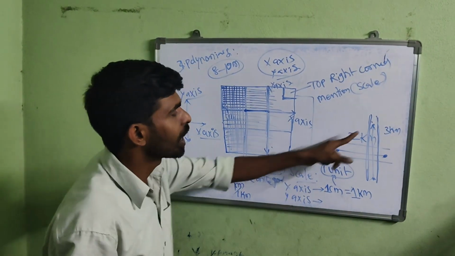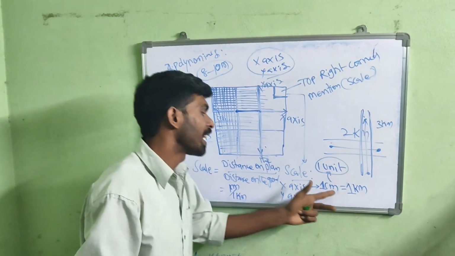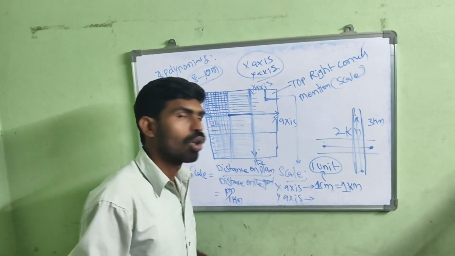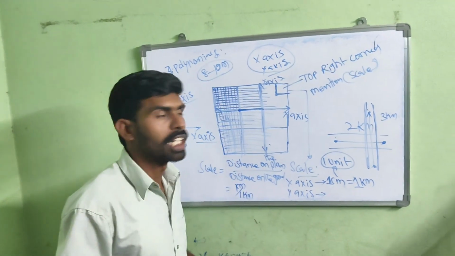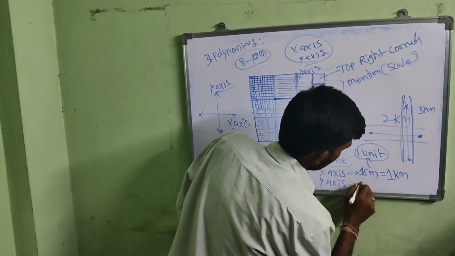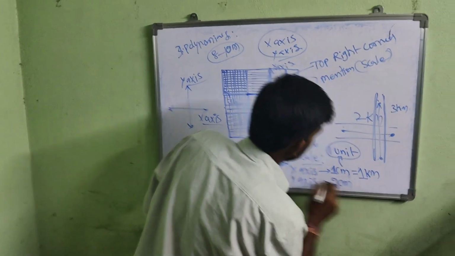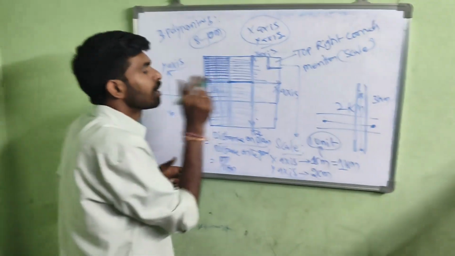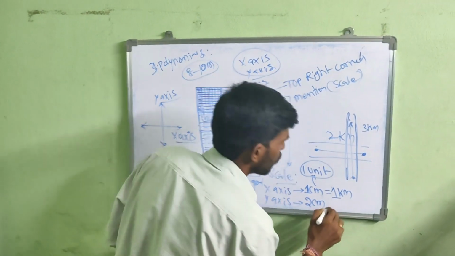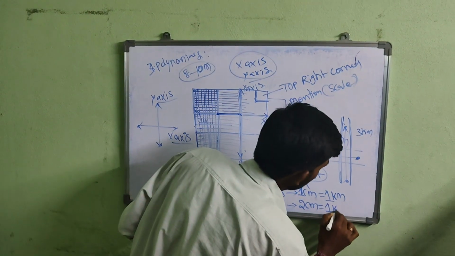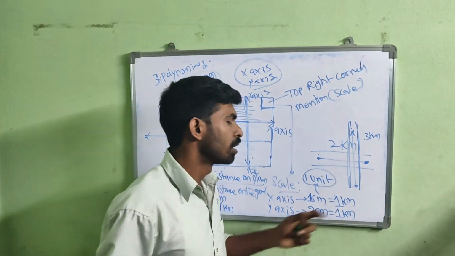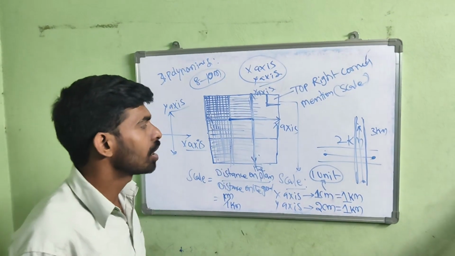For the y-axis, you can take the same scale, or you can change the scale also. For example, 2 centimeters on the graph represents 1 kilometer on the ground.